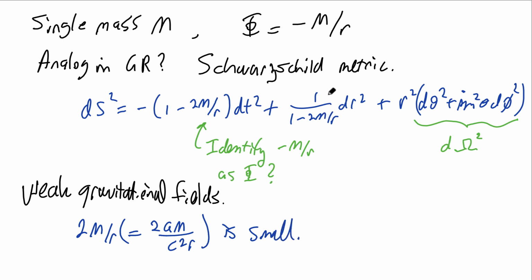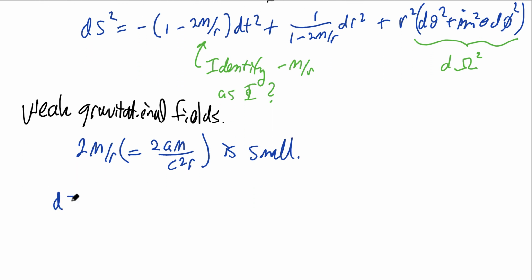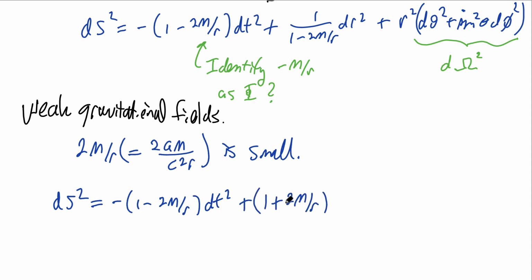So the first thing I want to do is treat this as 1 divided by 1 minus something small and do a series expansion. So we'll simplify this metric a little bit and write it as ds squared equals minus (1 minus 2m over r) dt squared plus (1 plus 2m over r), which is just the first terms in the Taylor expansion of 1 over (1 minus 2m over r), times dr squared plus r squared d omega squared.